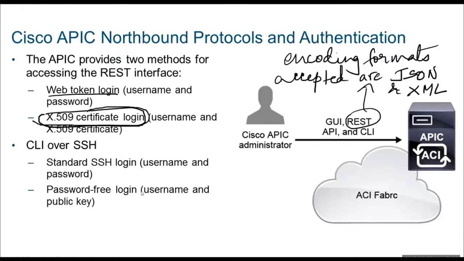That's what it says. It just uses username and the public key. This might be more ideal if you want to run scripts that use SSH, so you can run it automated without having to provide the password.